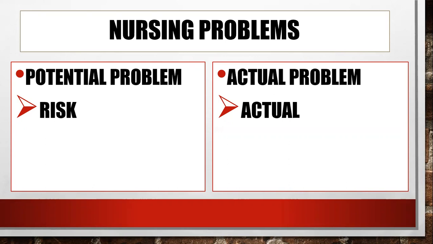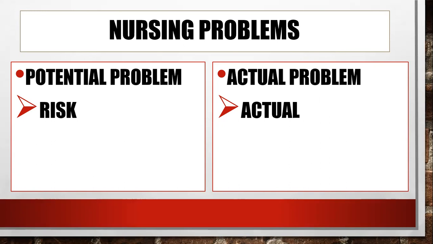You have assessed your patient, you have done your physical assessment, and you have discovered that the patient is at risk of developing dehydration. Why? Because you have seen one of the presenting signs and symptoms, it could be diarrhea. So a potential problem is actually pending. It has not yet occurred.